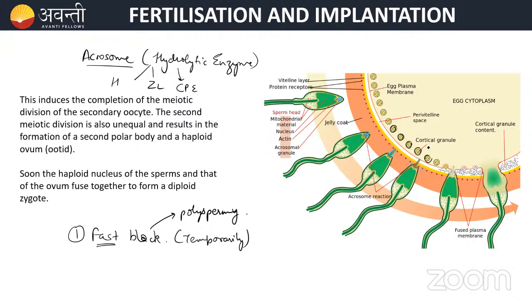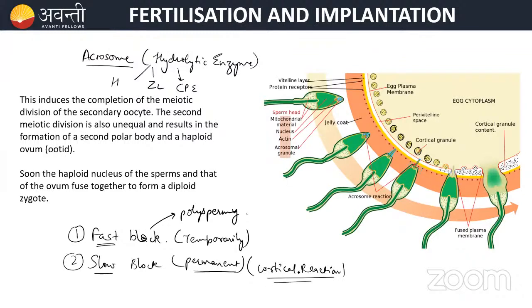The calcium carbonate starts depositing on the zona pellucida. Because of this deposition, the zona pellucida becomes hard. Now no more sperm can enter into the secondary oocyte. This block is known as the slow block, and it is a permanent blockage to polyspermy. Though it's slow, it's a permanent blockage. This is also known as the cortical reaction because cortical granules are involved.